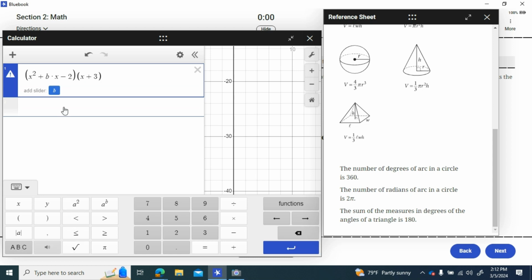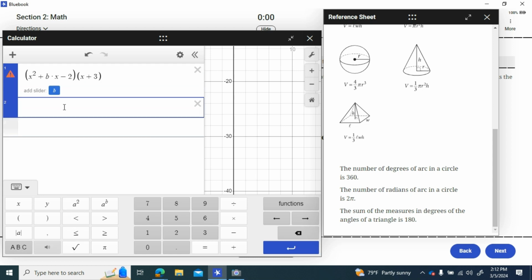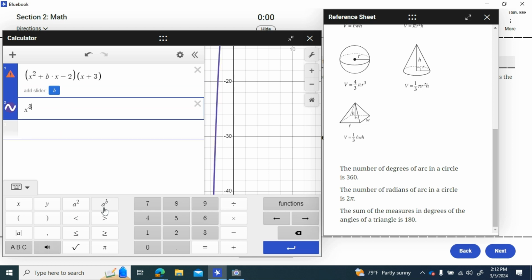Then I'm going to take the other side of the equation, which says x to the power of 3 plus 6x squared plus 7x minus 6.